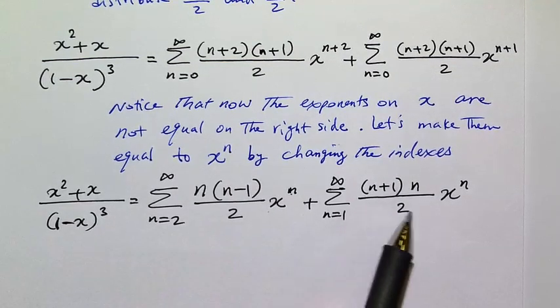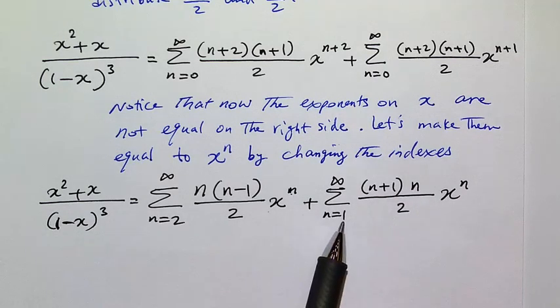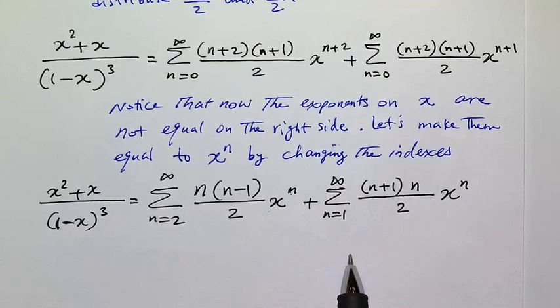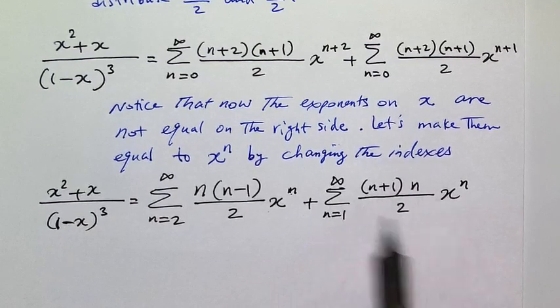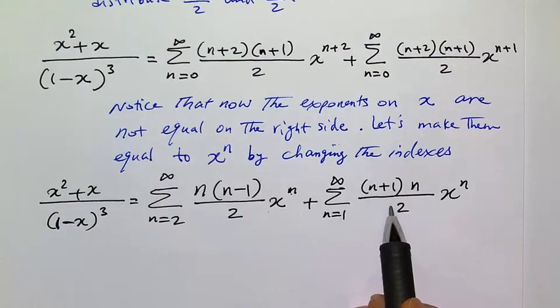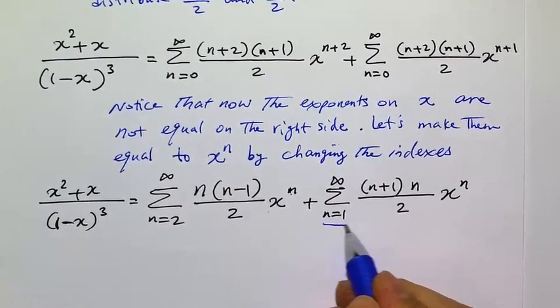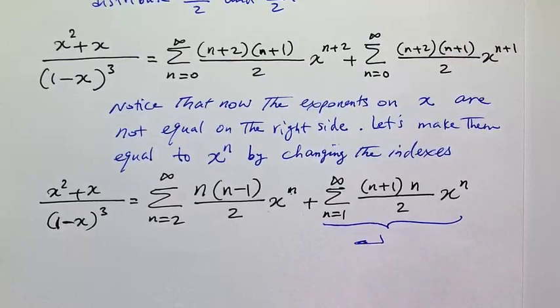Okay, so now in this series, notice that if we simply calculate the first term for this, what happens is that we're going to get this to be 2, and then we're going to get an x. Let me make a note of it here.